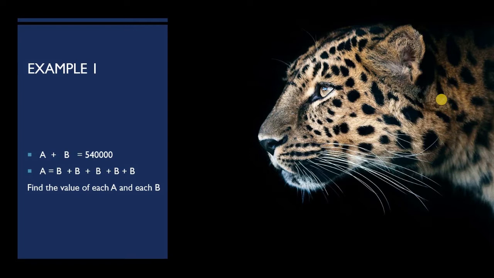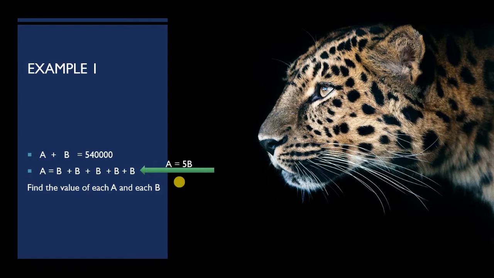Okay, let's check your answer. We have 2 conditions here. A plus B is equal to 540,000, and A is equal to B plus B plus B plus B plus B. So A is equal to 5B. Another condition, A plus B is equal to 540,000.